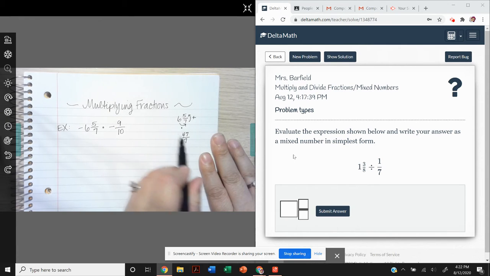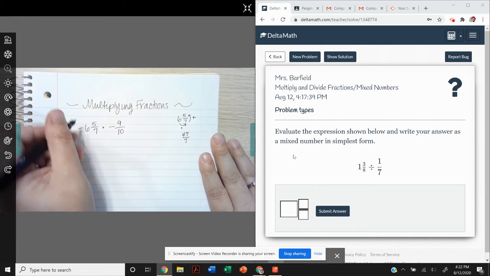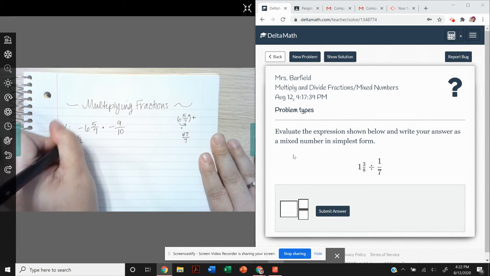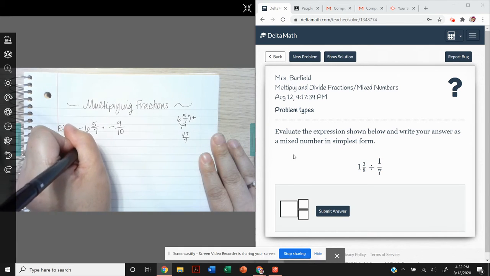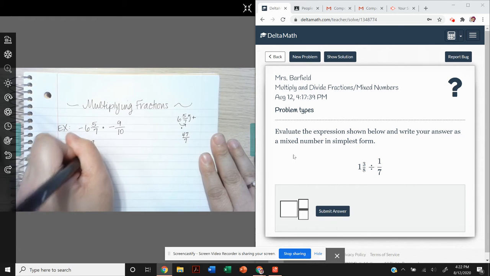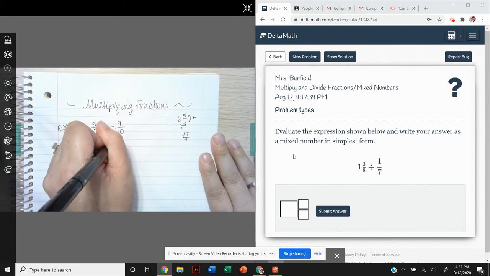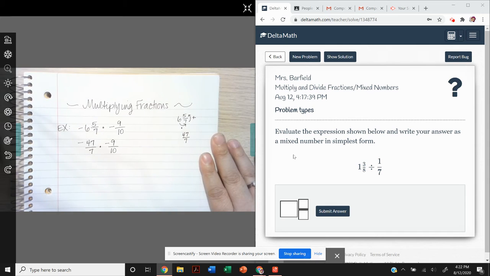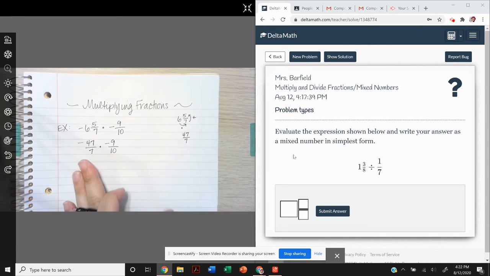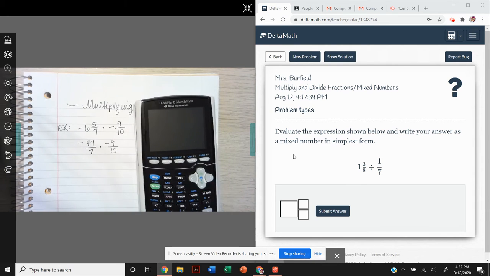So now I'm going to take that and substitute it back into my problem. The negative sign comes back: negative 47 over 7 times negative 9 over 10. Now, I did have a couple of students come to tutoring, and you don't have to try to divide and do things right here.